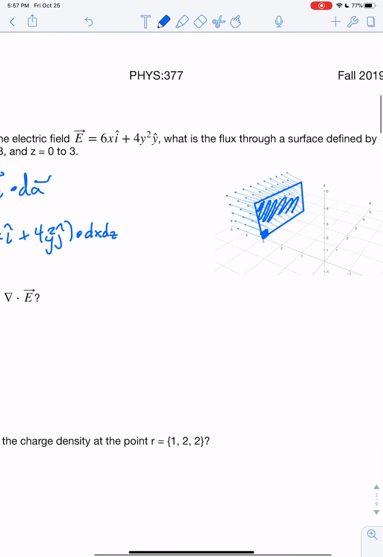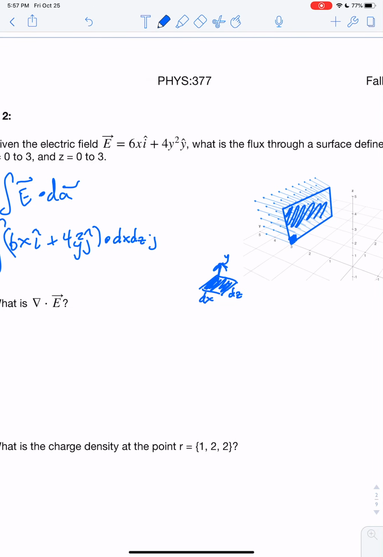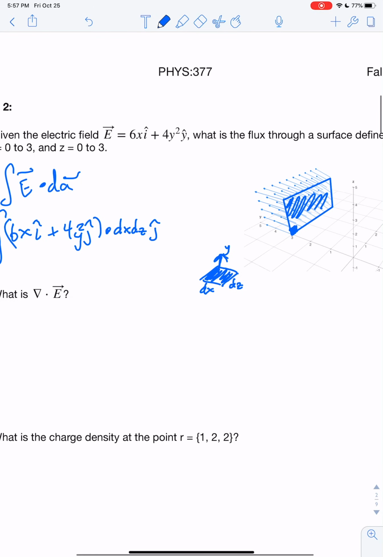But when you have a dA vector, it is always normal to the surface. So if we have dx and dz here, then the result is going to be in the y direction. So we put a j hat on our dA vector because it has a magnitude dx times dz, but it's pointing in the j hat direction.